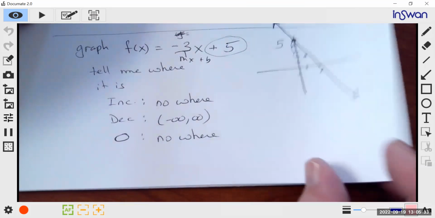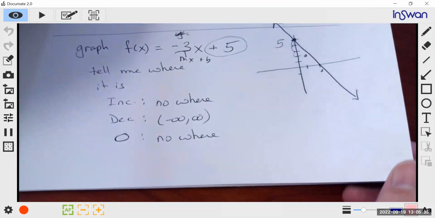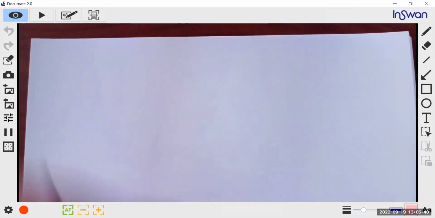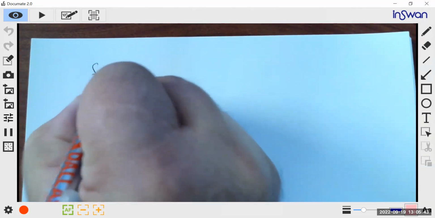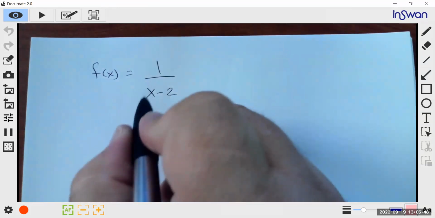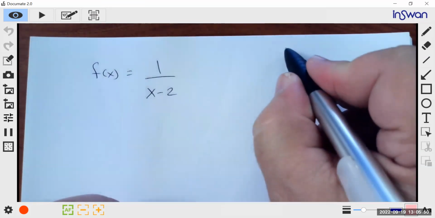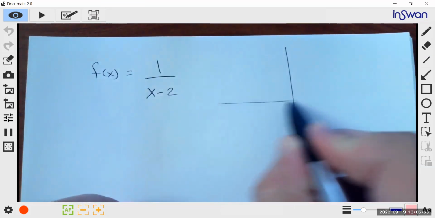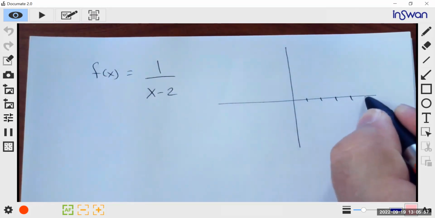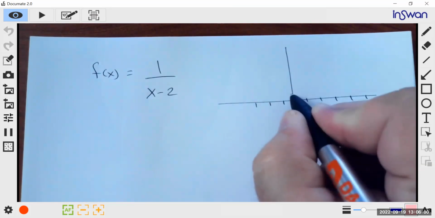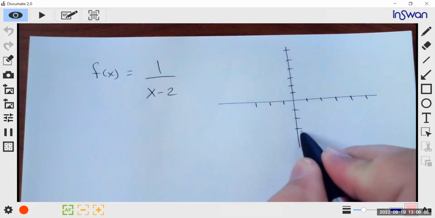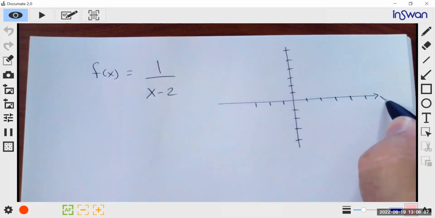Okay, I'll give you another one. The function 1 over x minus 2. This is the x-axis.